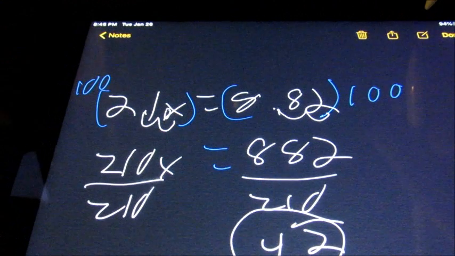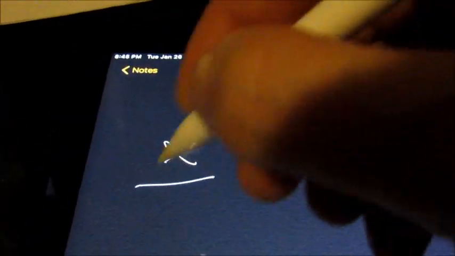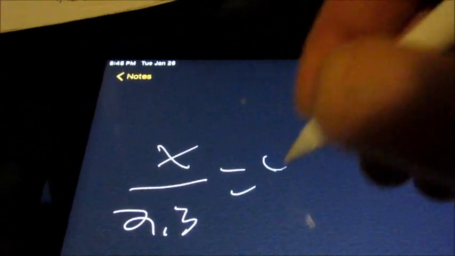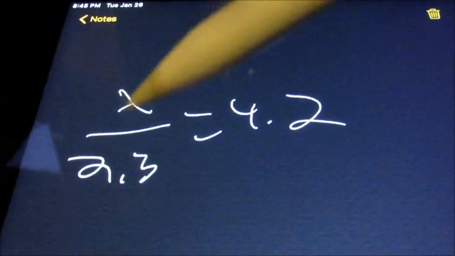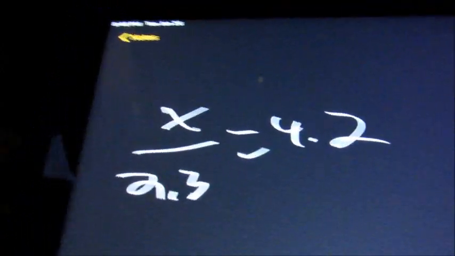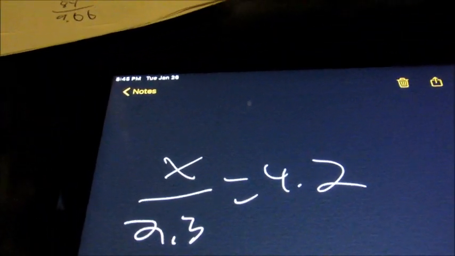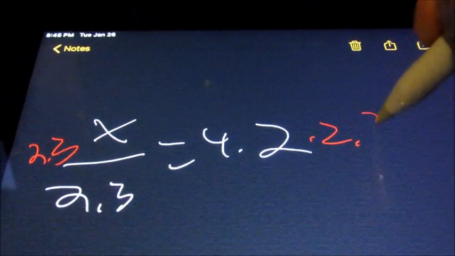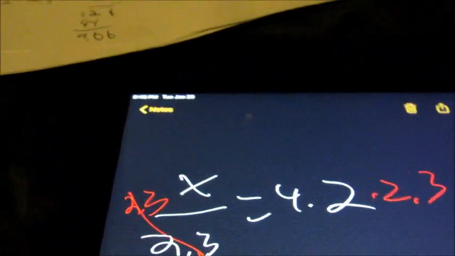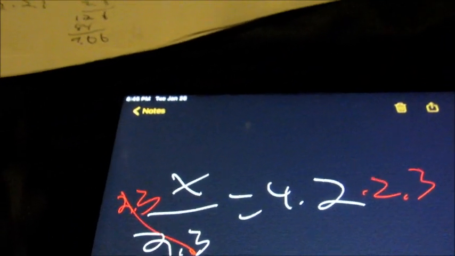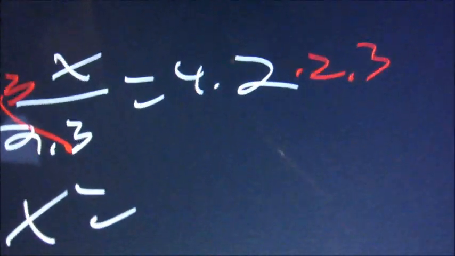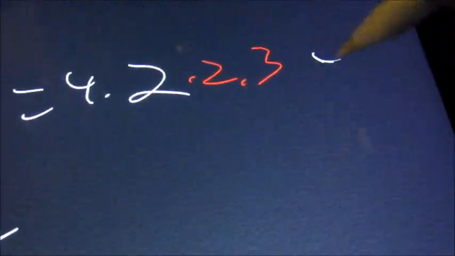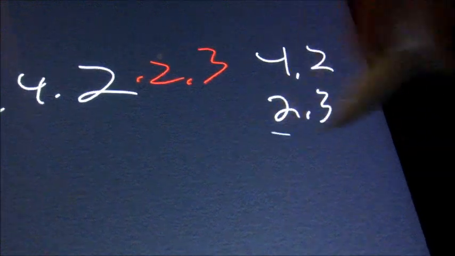So next, let's do one that has a division. Say we have x over 2.3 equals 4.2. So if we multiply both sides by 2.3, these will cancel. 2.3 divided by 2.3 is 1, so we have x equals 4.2 times 2.3.